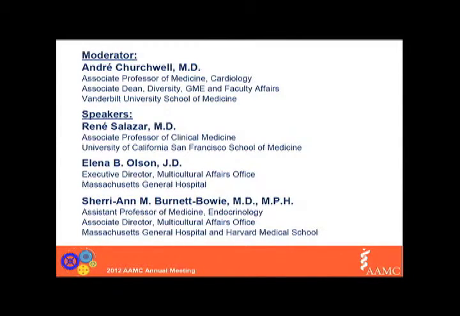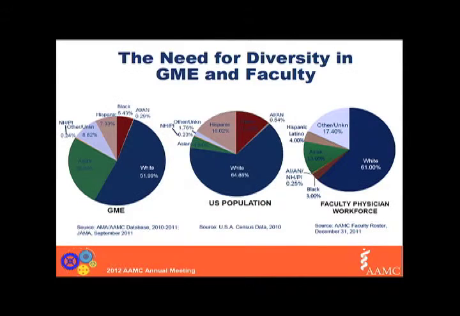And so the goal is to have a standardized template that all departments will use, so that they'll be quite clear and with information to help address where the lesion might be as it relates to diversity of the residency programs by department.